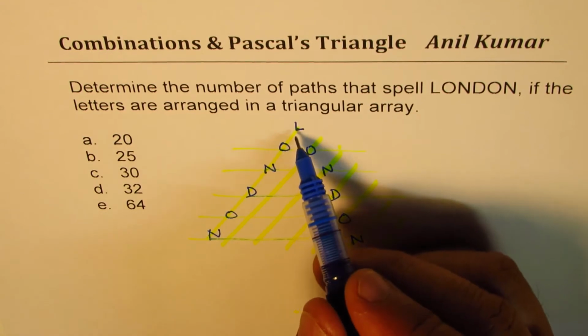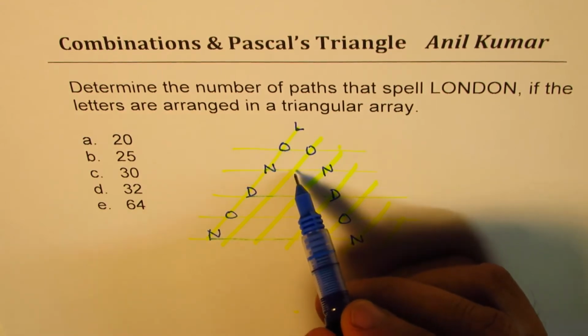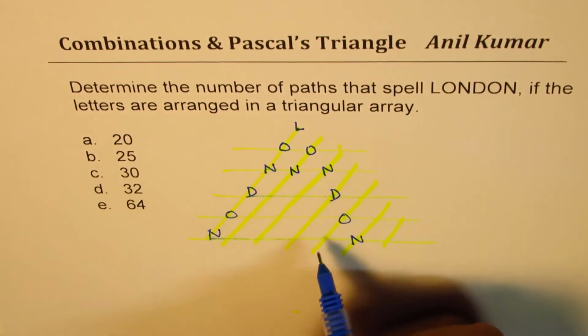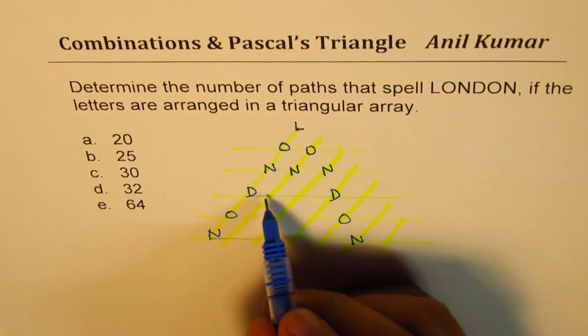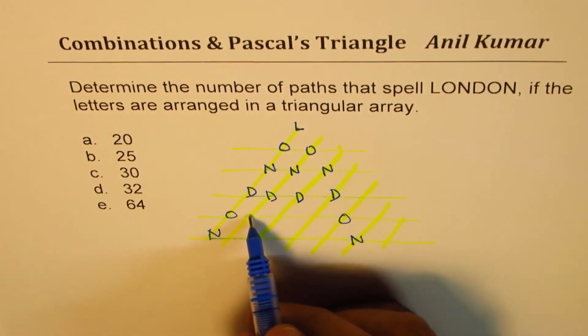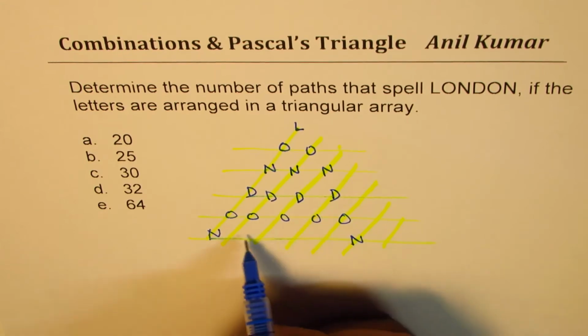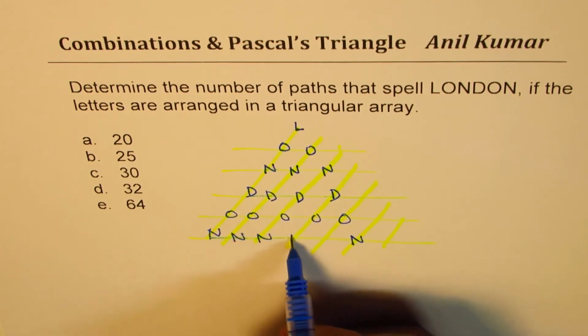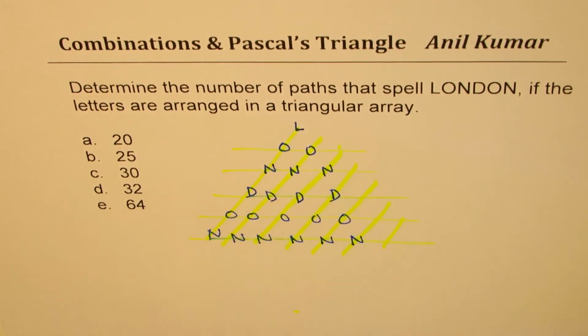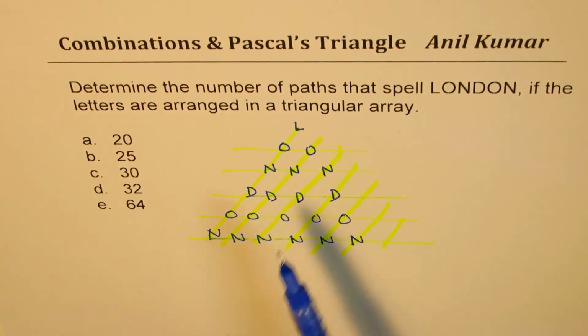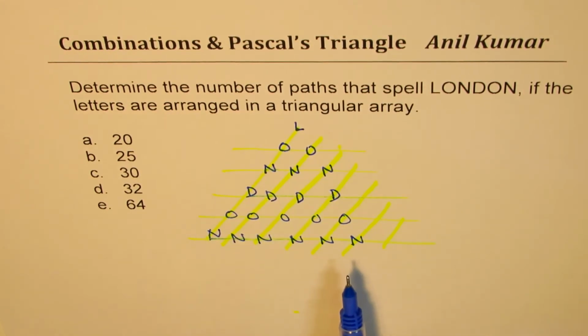Or we could do L-O, and come like this, right? So N like this, right? N could take these positions, D could take these positions, O could take these positions, N could take these positions. Is it okay? Now the idea is to count the total number of paths which are available to us.